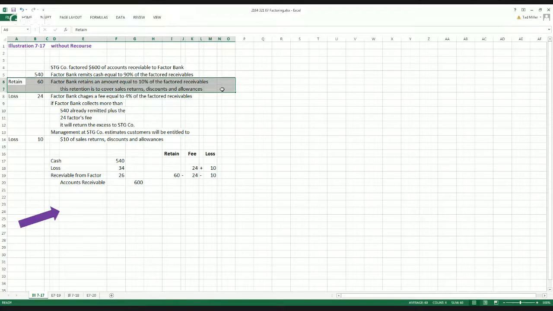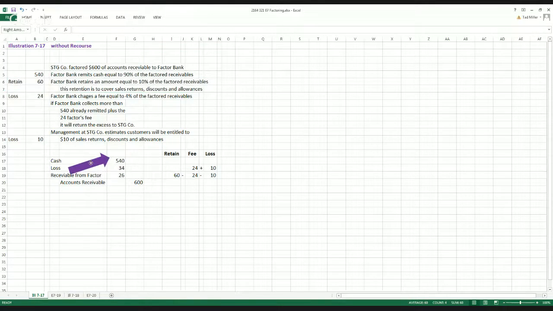These are our customers, and some of them are going to be entitled to sales discounts if they pay within the discount period. Some are going to return goods. If they're within the return period, there may be some allowances. We want our customers taken care of. So the factor is going to retain 10%. That's the difference between the $540 and $600.